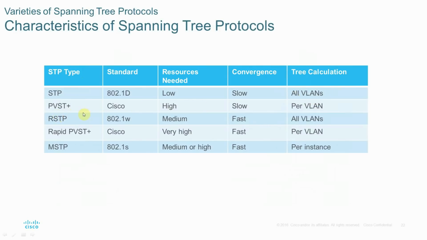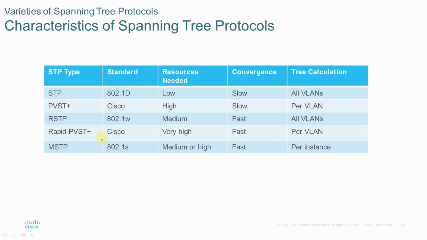PVST is Cisco proprietary, needs high resources, has slow convergence, but each VLAN has a different spanning tree instance. RSTP, 802.1w, is a standard, needs medium resources, has fast convergence, with one RSTP instance for all VLANs.